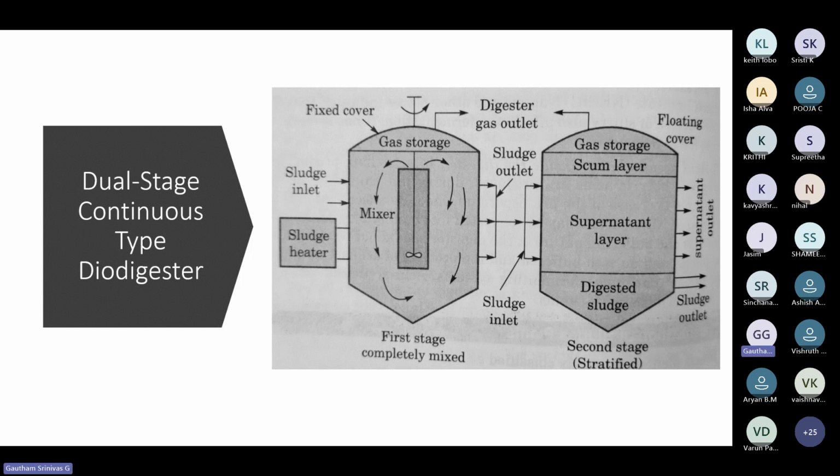The acid is formed here, and that acid is taken to the second stage, where there is no mixing happening, so you still have the supernatant and the scum layer. The methanogenesis, which is phase 3, the final stage of the entire process, takes place over here, and the gas is taken from the top.